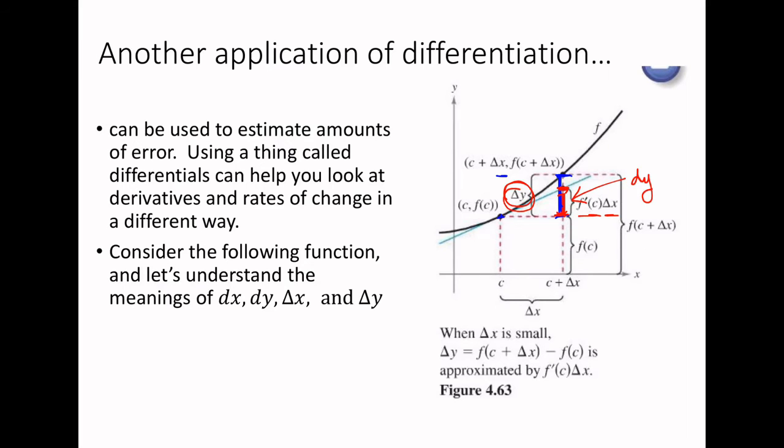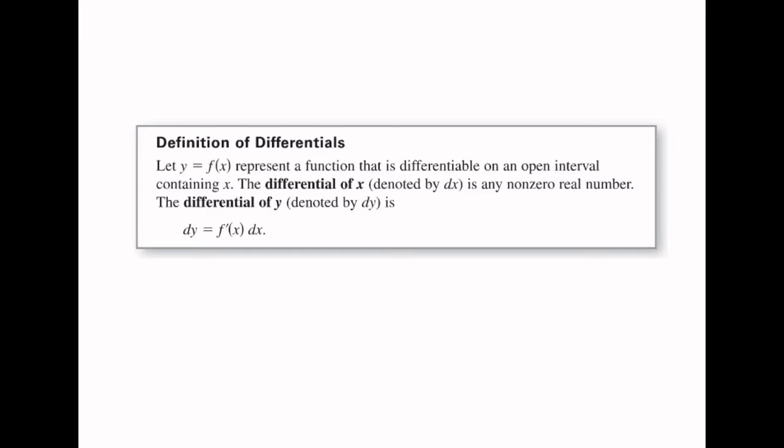All right, so where does this word differential come in, and what is a differential? Well, you know that if we had some function y equals a function of x, then for its derivative we could write dy dx.